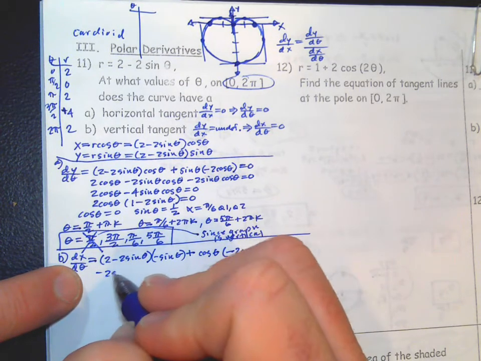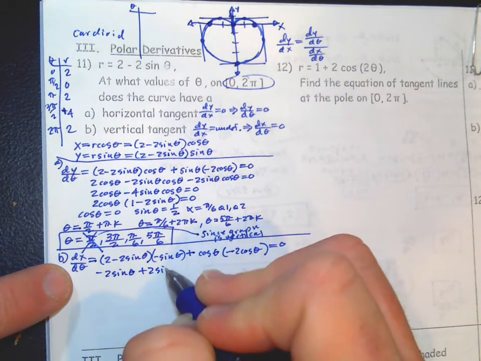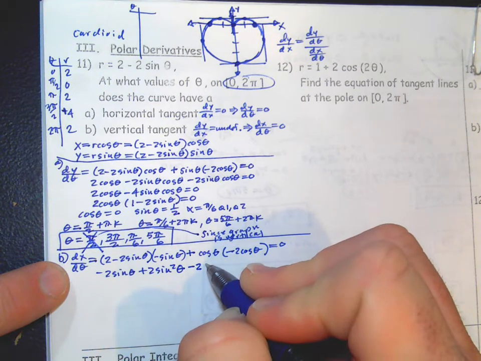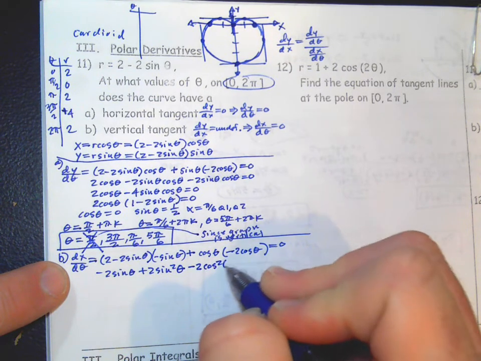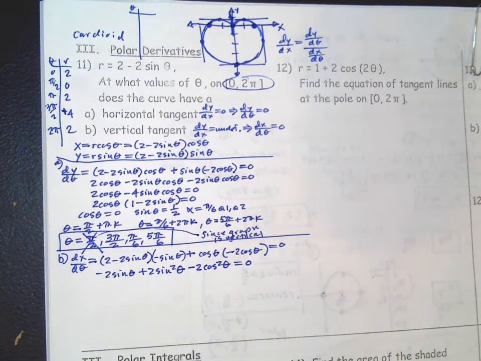Negative 2 sine theta plus 2 sine squared theta minus 2 cosine squared theta equals 0. So this is where we're going to have to use a trig identity to get everything in terms of one function, because right now if you try and factor it, it's not going to work. There's no GCF.